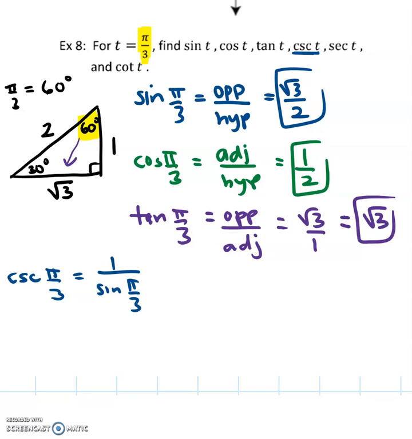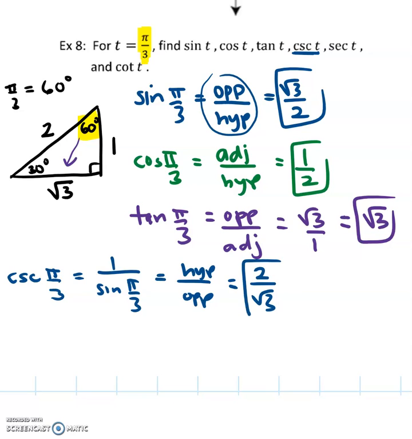If you're talking about reciprocal, it's a lot easier just to say, well, reciprocal of opposite over hypotenuse, just flip that around. We should have hypotenuse over opposite. If we take the reciprocal of square root of 3 over 2, all we're doing is reversing, writing the 2 in the numerator, the square root of 3 in the denominator. So that is the cosecant of pi over 3.